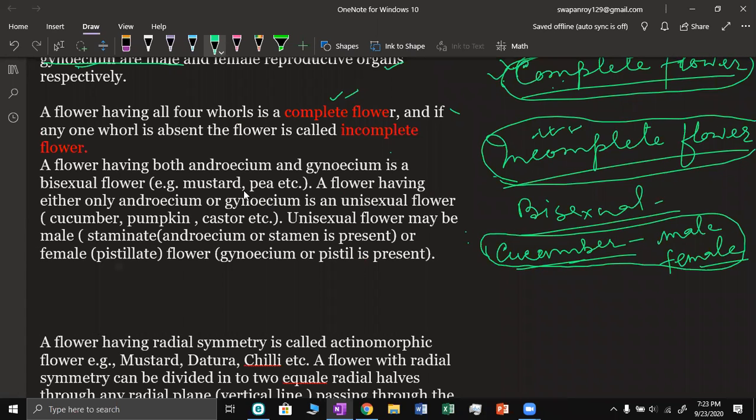Bisexual flowers like mustard, pea, etc. are bisexual, and flowers like cucumber, pumpkin, custard are unisexual flowers. Unisexual flowers may have androecium.